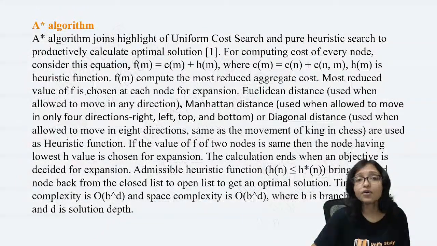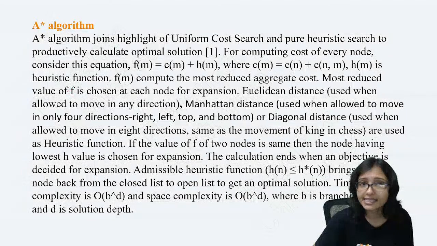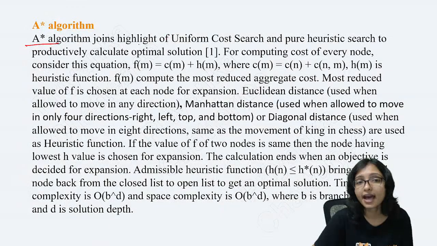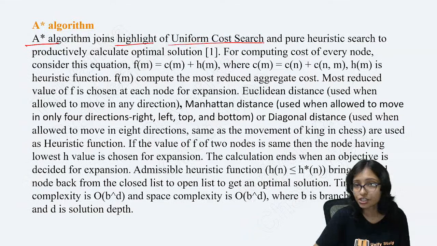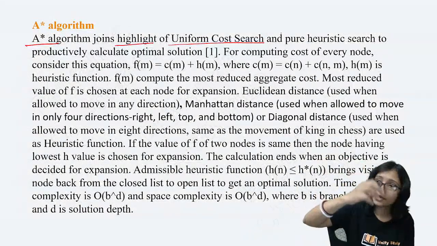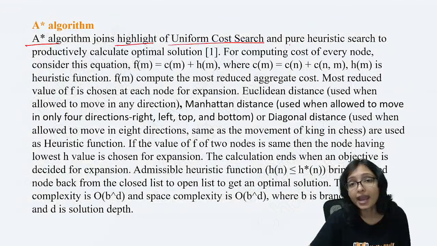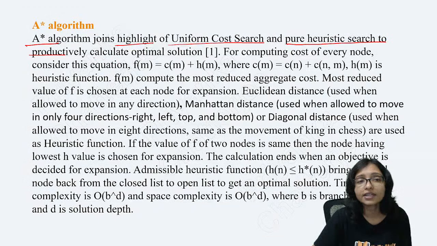Yes. Now if you compare with the A-star algorithm, how is the A-star algorithm working? The A-star algorithm joins the highlights of the uniform cost search. It is using the technique of the uniform cost search model and the pure heuristic search to calculate the optimal solution.